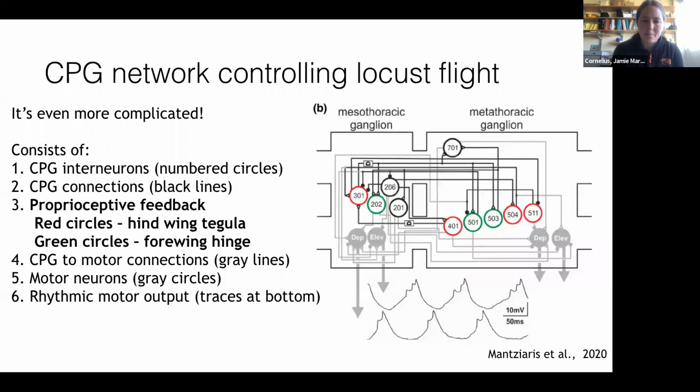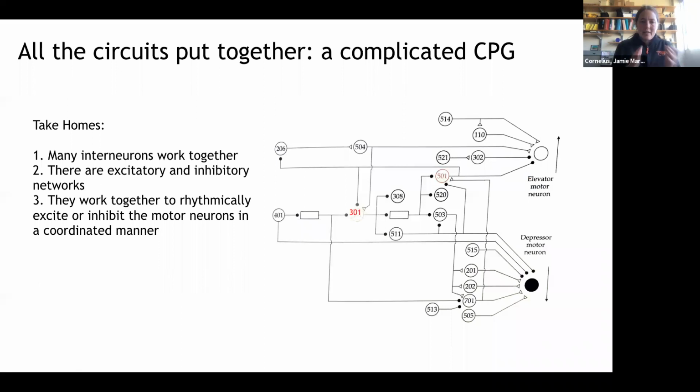In other words, there haven't been any major mistakes identified. What I like about this figure is that Karoo presented it all stretched out, so it doesn't look anything like it would in the locust or in the thoracic ganglia that are controlling this rhythmic output.